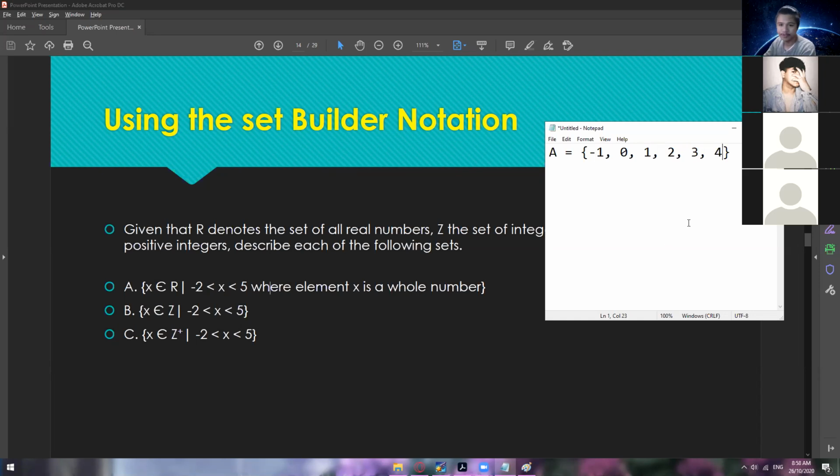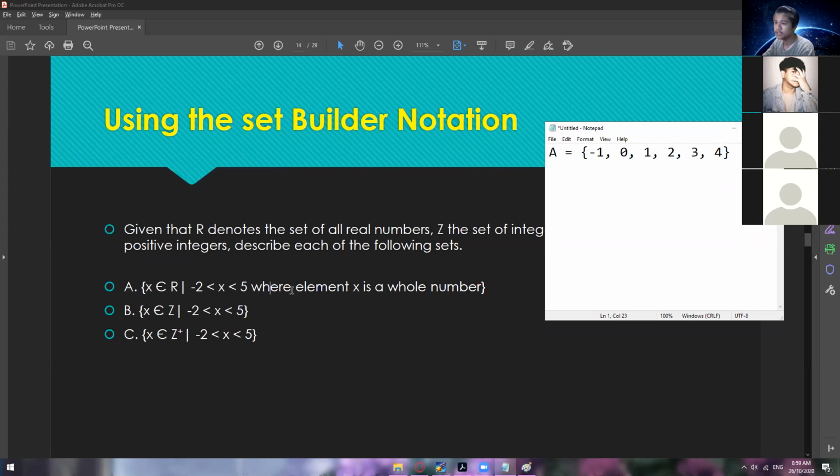Okay, so very good. That's correct, Miss Cario. So as you can see, that one should be greater than -2 or less than 5. So greater than -2 is -1, and then less than 5 is hanggang 4 lang. Okay, so we have a total of 1, 2, 3, 4, 5, 6 elements inside of that set.